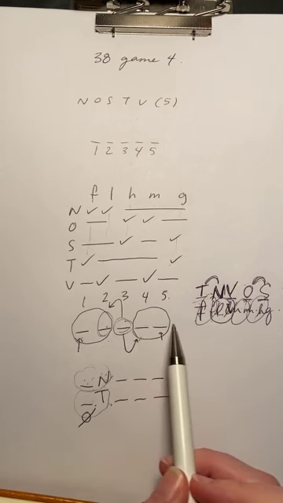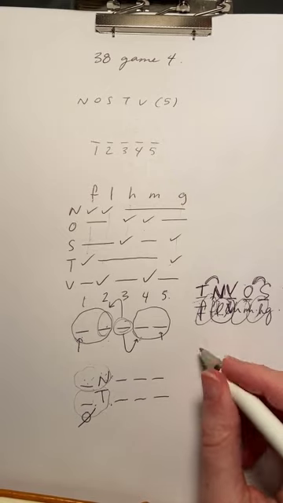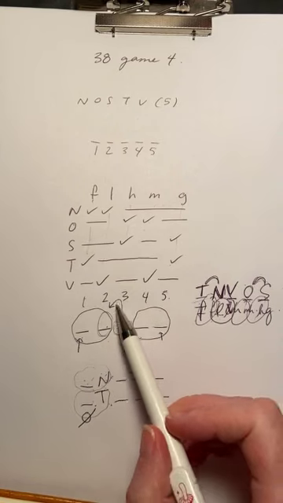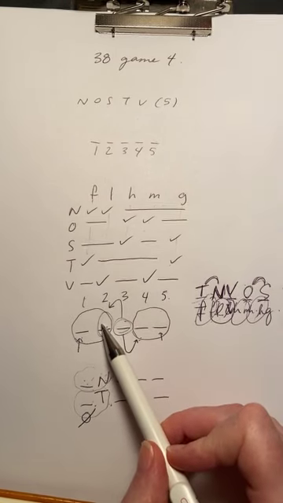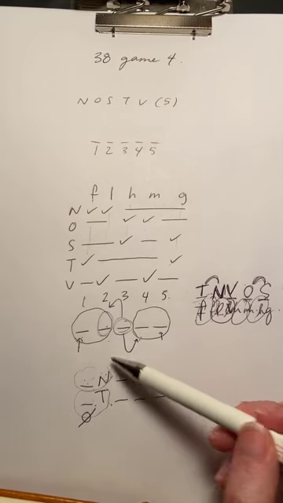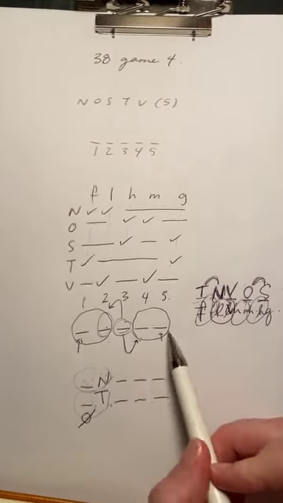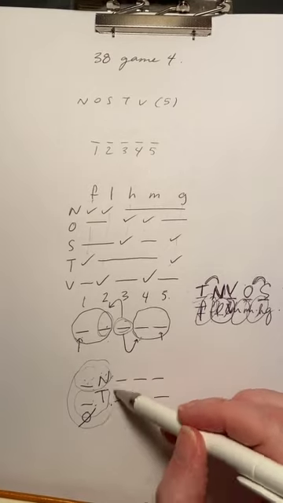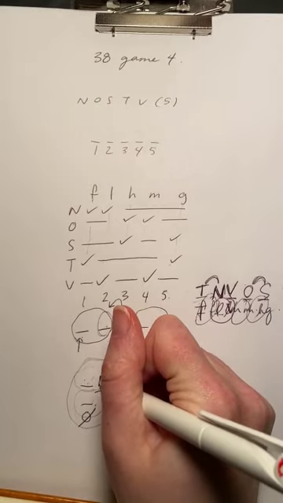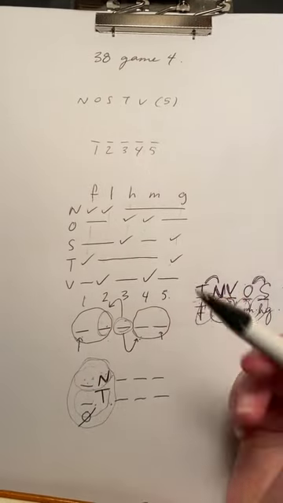But that's going to be the key, right? So we either have 1 and 2 grouped together, 4 and 5 grouped together, and 3 having something in common with 2, 3 having something in common with 4, or 3 having something in common with both 2 and 4. But I'd focus more on these, and in particular, I would focus on what the second player could potentially have in common with the first player.